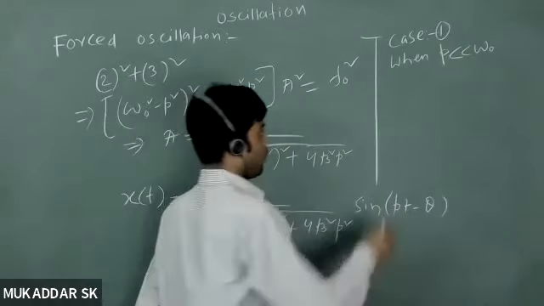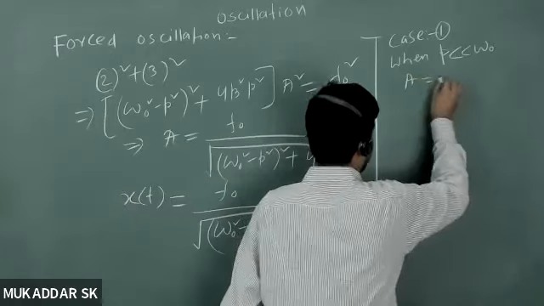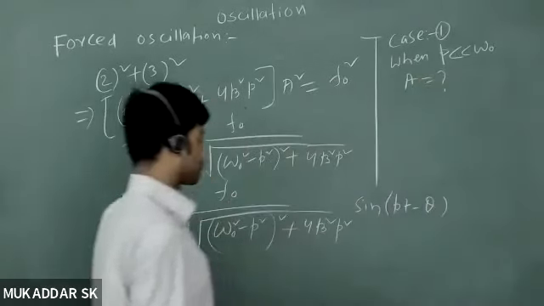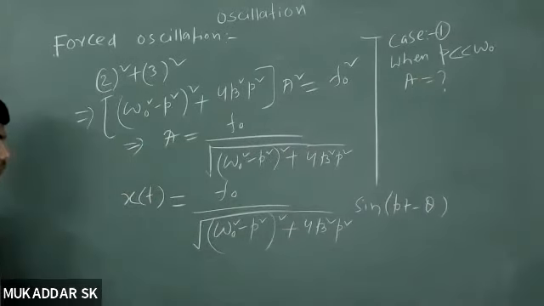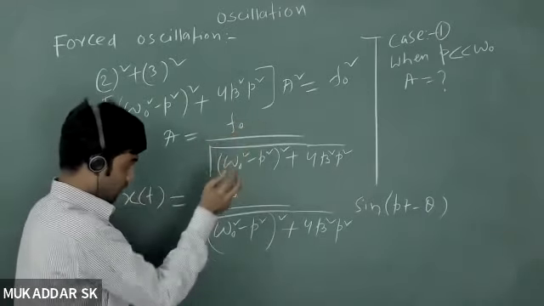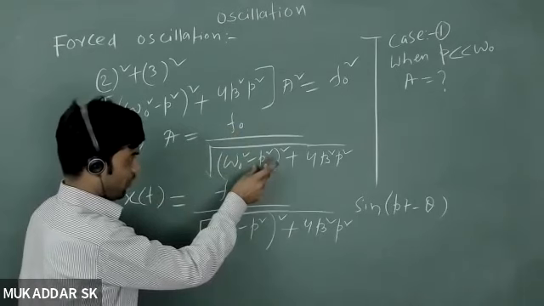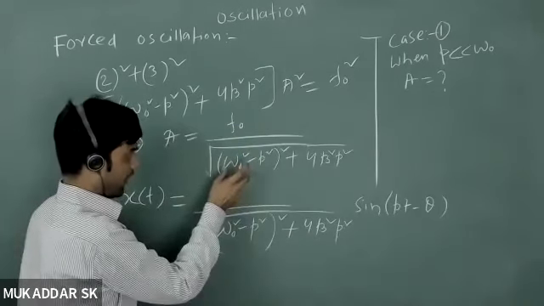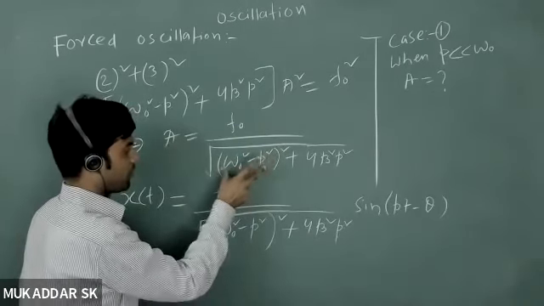So in that scenario, what will be the amplitude of oscillation? So this is your amplitude of oscillation, right? When p is very small, I can ignore p square from this term itself, right?